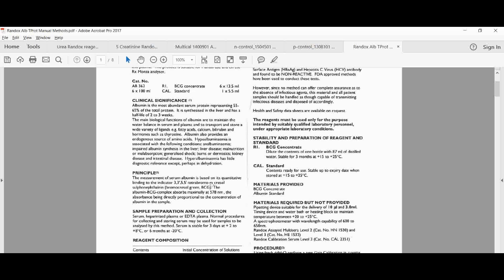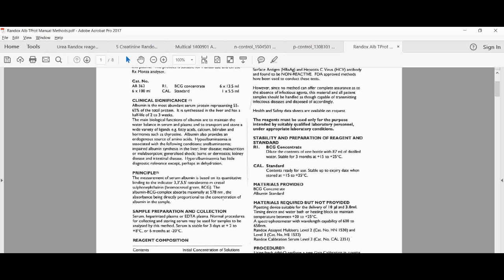And this BCG binds to the albumin in the sample, and that complex that is formed gives a color reaction, and that color reaction can be measured at a specific wavelength. So in this case, it can be measured at 578 nanometers. So it has maximum absorbance at 578.